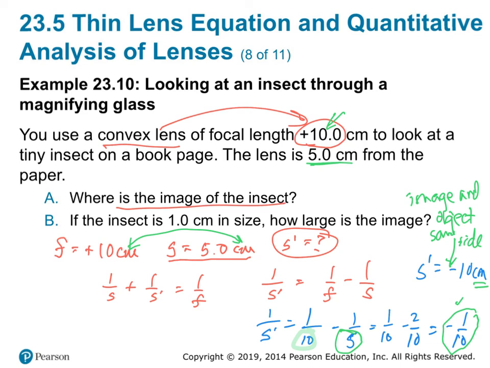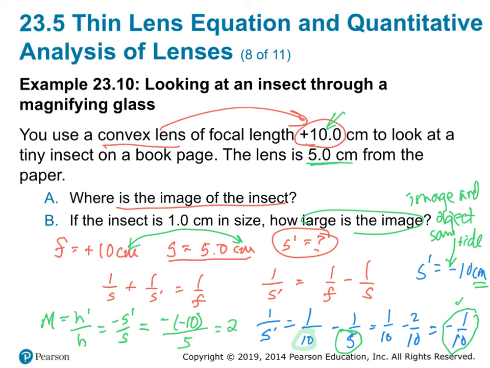The next part of this question asks for the size of the image if the insect is 1 centimeter in size. So the magnification factor, remember, is a ratio of h prime to h, or we can use the image distance and object distance in the same way, but with that negative sign in there. So negative s prime over s is the negative of negative 10 over positive 5.